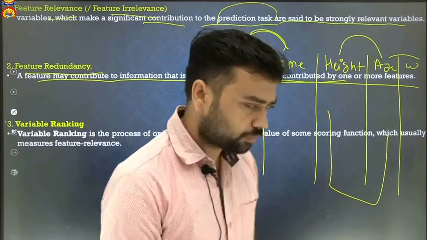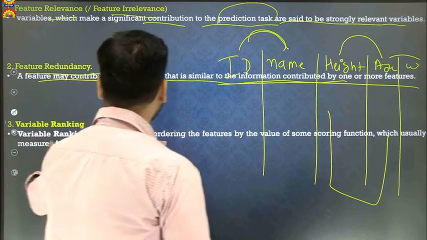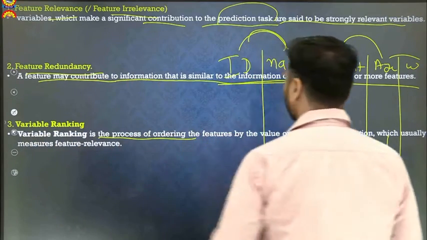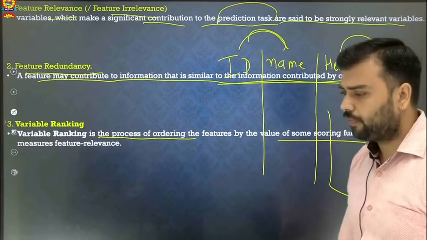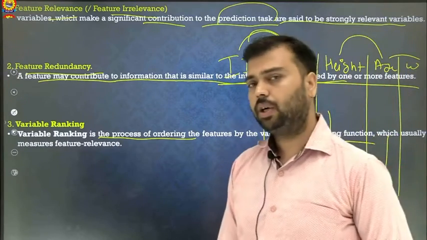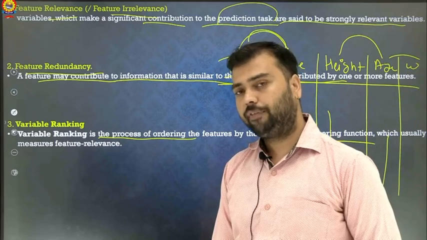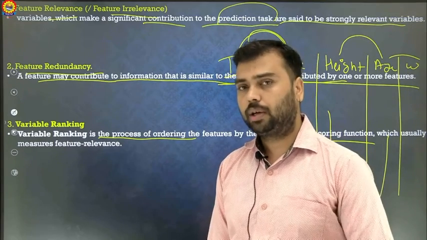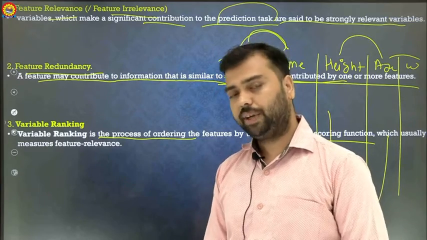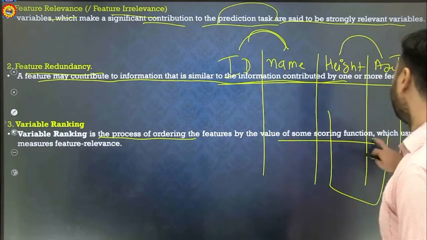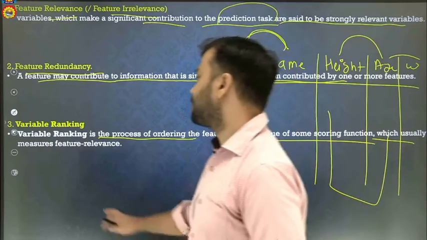So let's have a look. Variable ranking is the process of ordering the features by the value of some scoring function. So we use some scoring function, and by that scoring function we compute a particular value, and on the basis of that value we order the features, which usually measures feature relevancy.